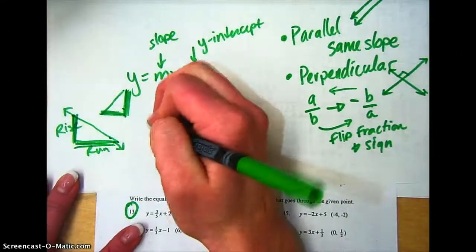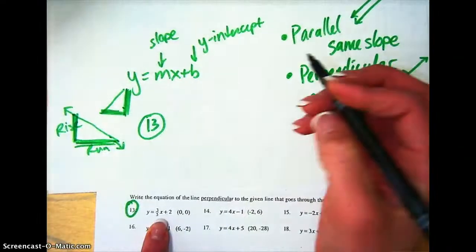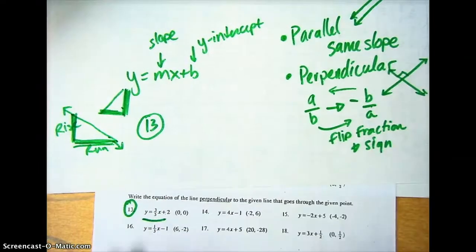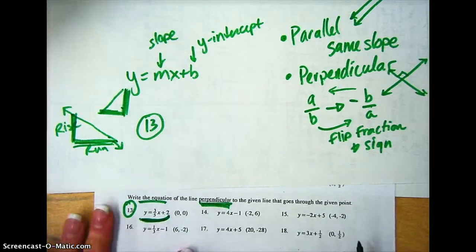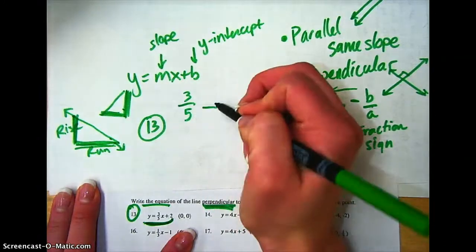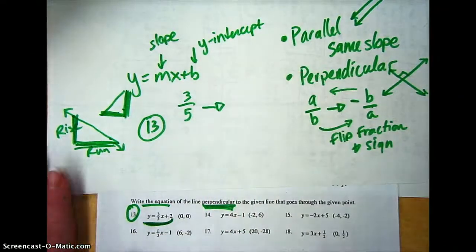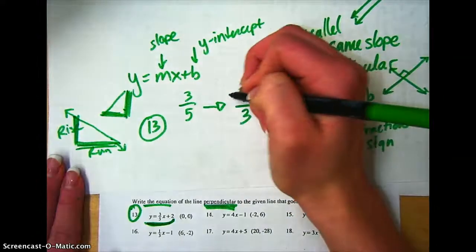Perpendicular lines can be tricky. Let's look at 13. First we find the slope of the line they were talking about, because we need to write an equation of a line perpendicular to the line they wrote right here. The slope here is 3/5. We need to convert it to a perpendicular slope, so we flip the fraction and we flip the sign.